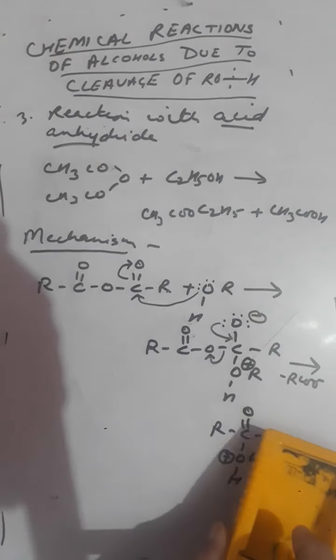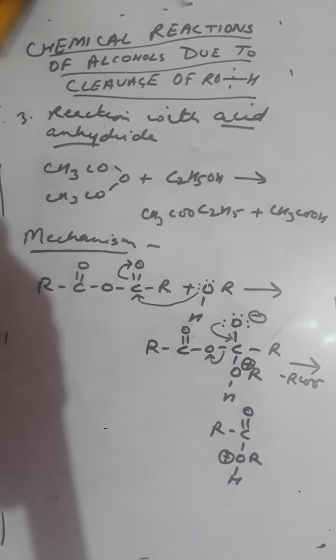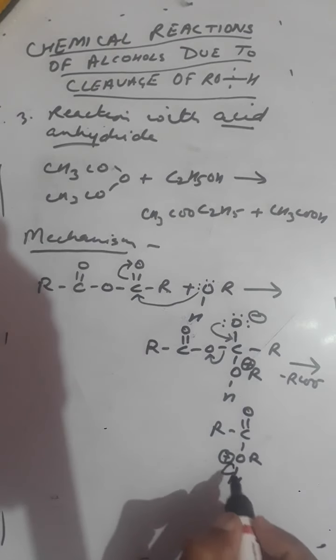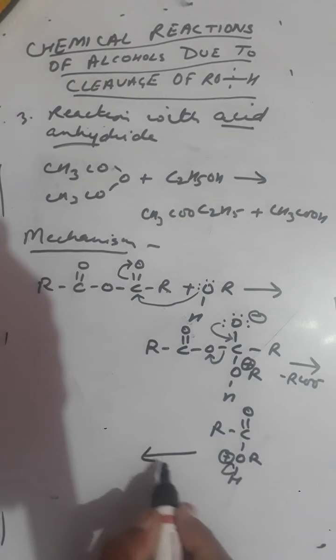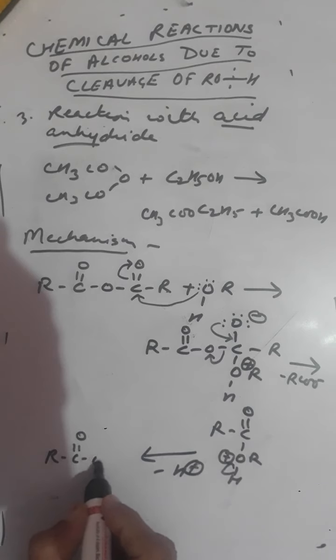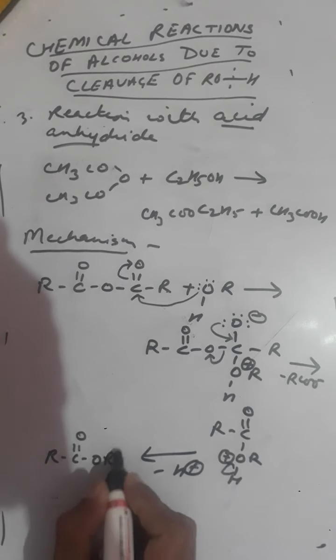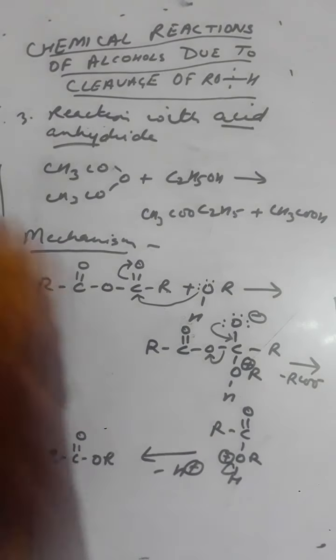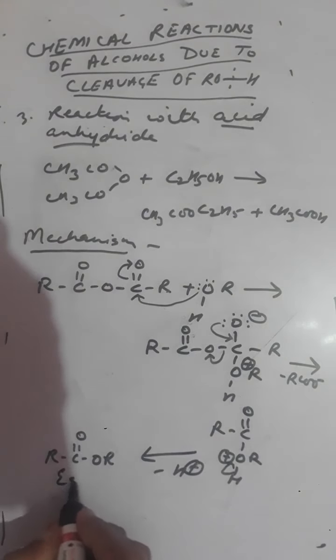Now this bond will again be broken, giving electrons to the oxygen and liberating the proton. Now we get RC=O OR. This is your ester which is formed.